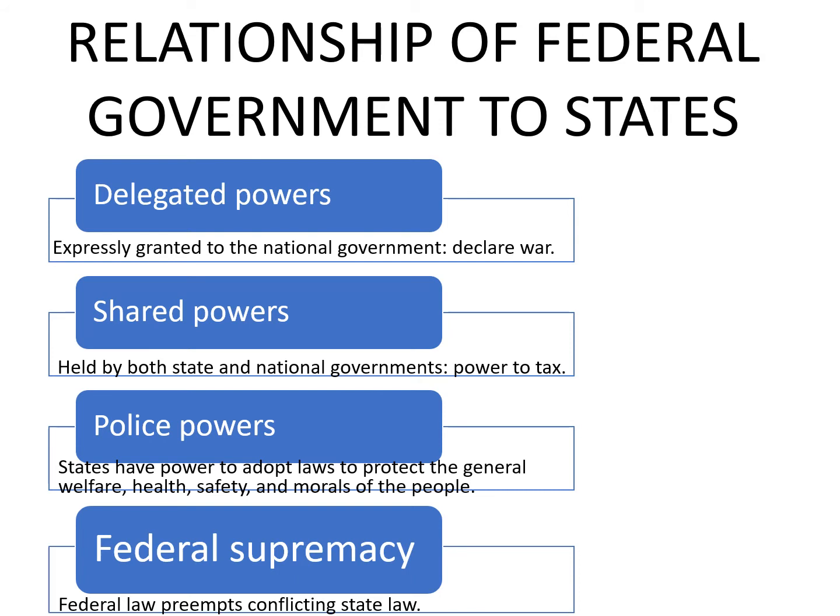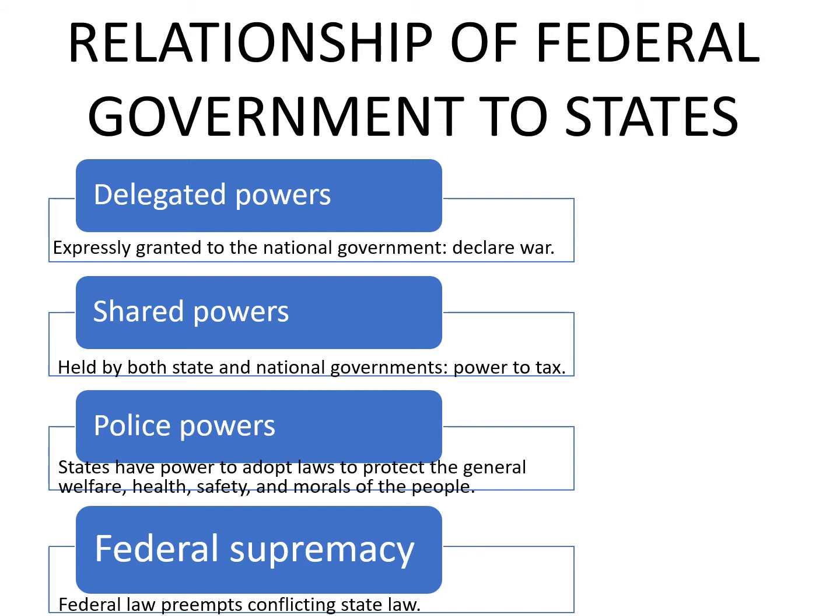If the states want to create health care for their citizens, they can under their reserved powers or under their police powers, but health care has nothing to do with the powers that are explicitly enumerated in the Constitution for Congress. That's how that argument works.